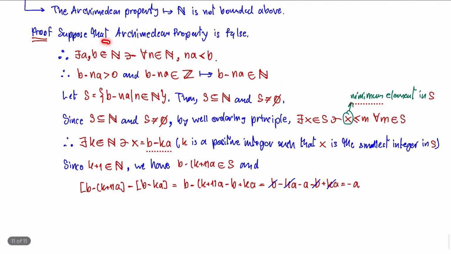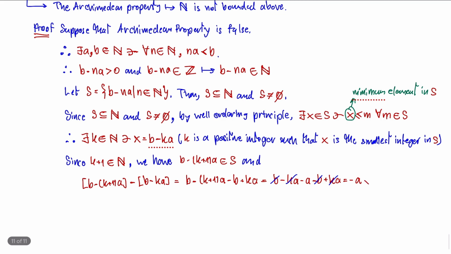What is a? A is a positive integer. Minus a is now a negative integer, so it must be less than 0. From this, we have b minus (k plus 1) times a minus the minimum element, which is b minus ka, less than 0.